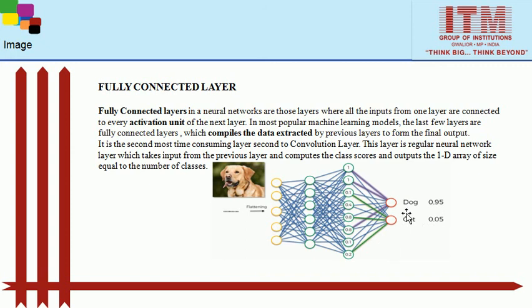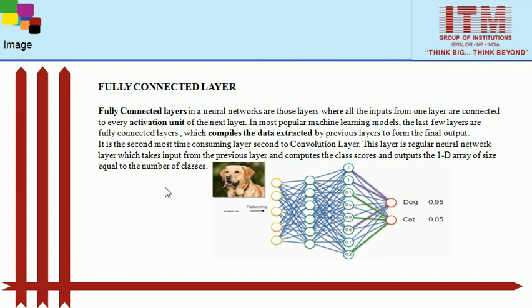So what will become the output? Yes, the image which we have input into the machine will most likely be a picture of a dog. This is the decision, or the operation, which may be performed by a fully connected layer.